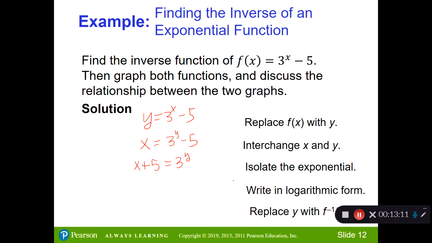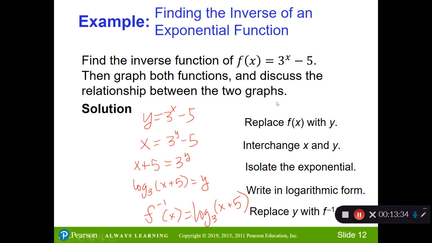And now rewrite it in a logarithmic form. So we would say log base 3 of this item equals the exponent. And now replace the y with f inverse. So f inverse of x is log base 3 of x plus 5.